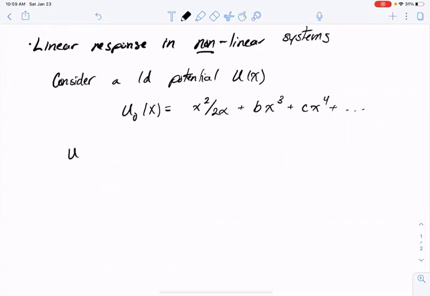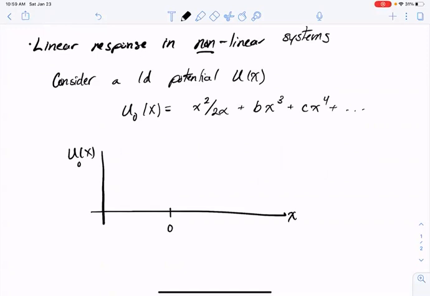If we were to plot an example of what this potential might look like, around x equal to 0, for small x, we should expect that the quadratic term dominates, so we will have something locally harmonic. Those nonlinear terms can then cause deviations, like so.